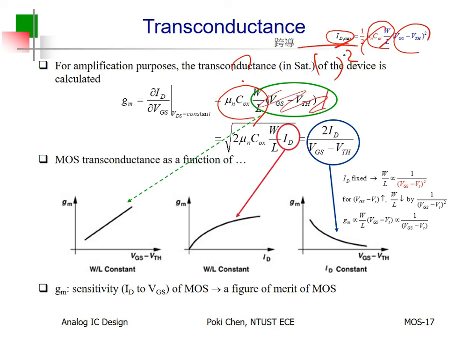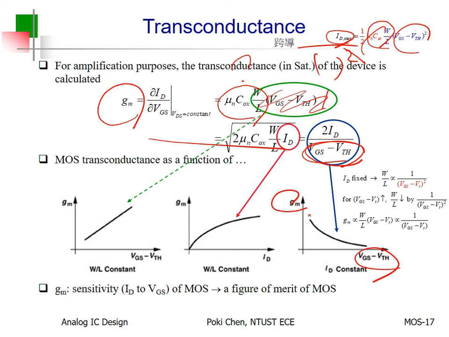So this one and that one will be cancelled, so you get here. Got it? That means what? Wow. Again, if you plot GM versus this one, they are reversely proportional to each other. 它们成反比. So GM versus this one, it looks like that.